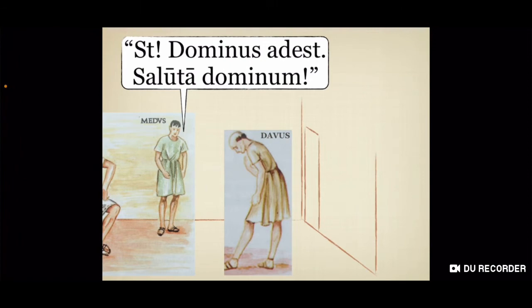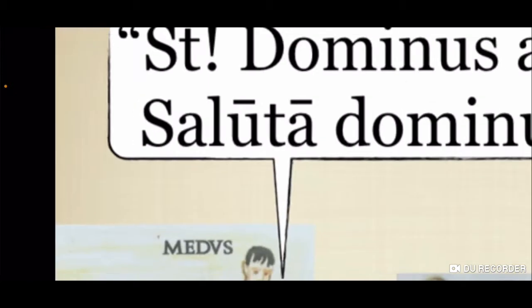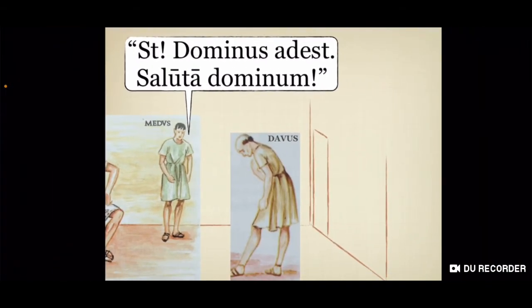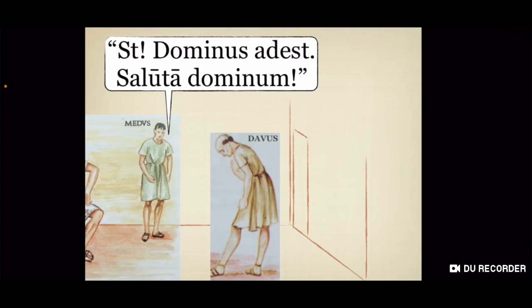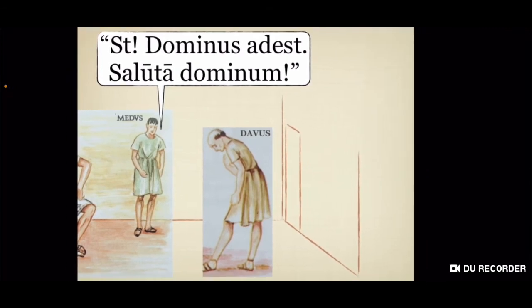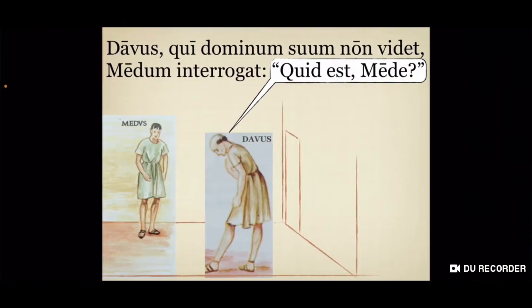He said, shh. Dominus adest. Saluta dominum. He said, be quiet. The master's here. Salute the master. Tell him, saluta, telling him to do it. Salute the master, dominum. Yeah, so that's what he says.